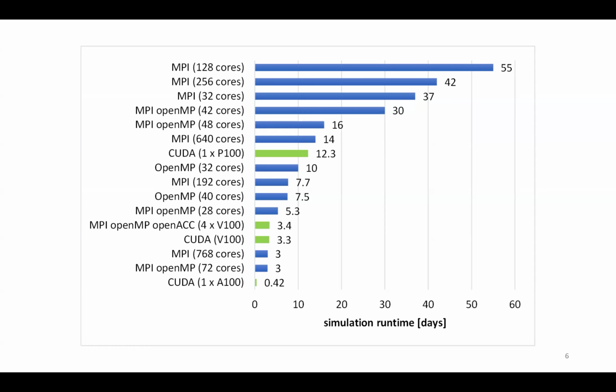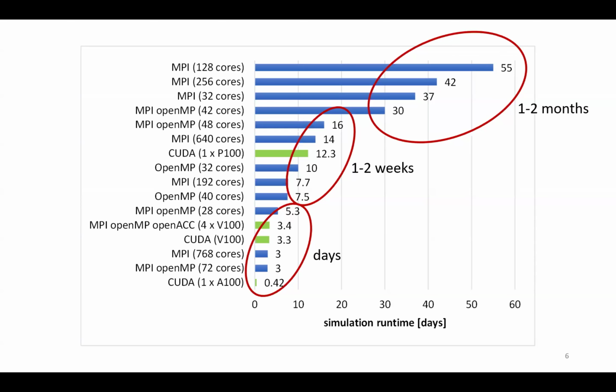The green ones are GPU programs. So they sort of populate the lower half, so they give better results than the others. And we can identify sort of clusters: the months execution range, weeks, and days. And of course, we want to be in the days. So the big question is, which is our code?